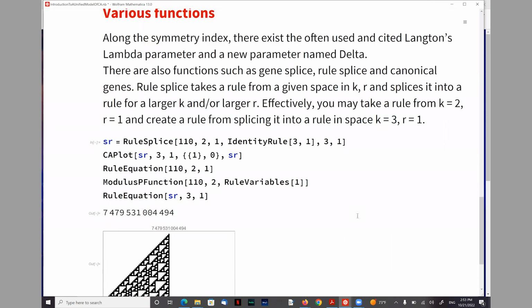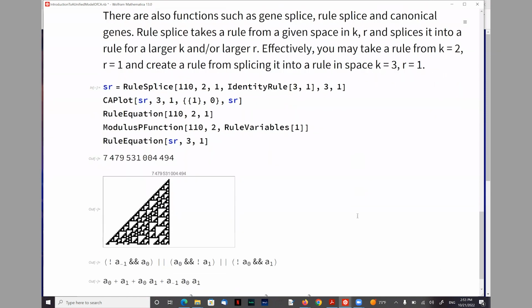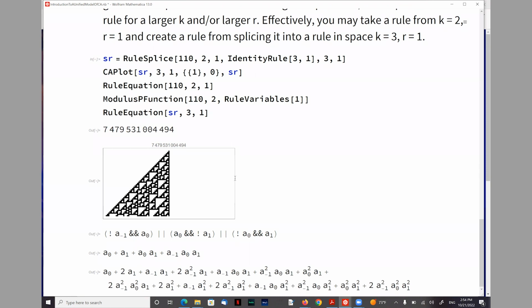There is a rule splice in which you can take a rule from one space and splice it into a bigger rule. In this case, I'm taking rule 110 and placing it in the identity so that that's the only thing it has, but in k equal to 3, and I just show it in here.